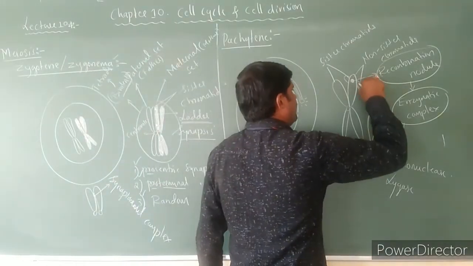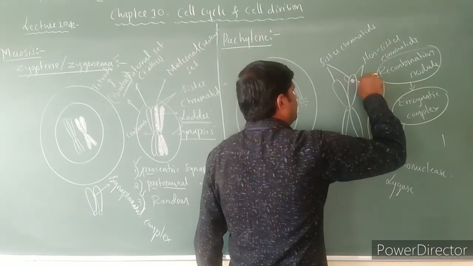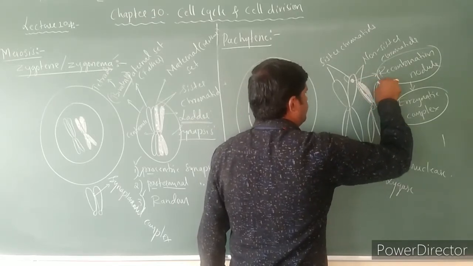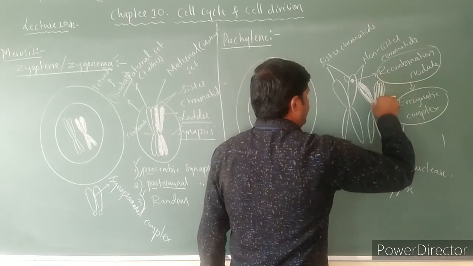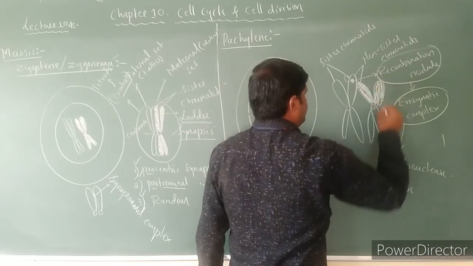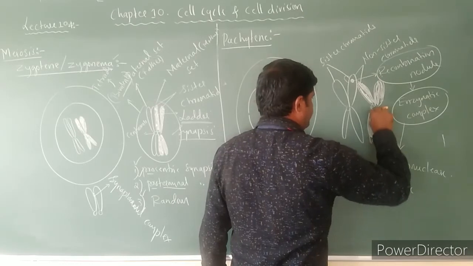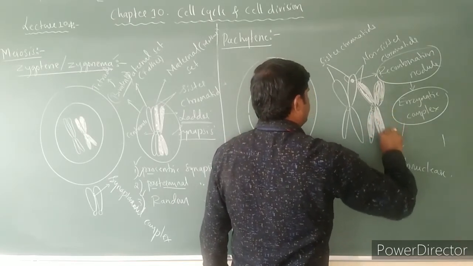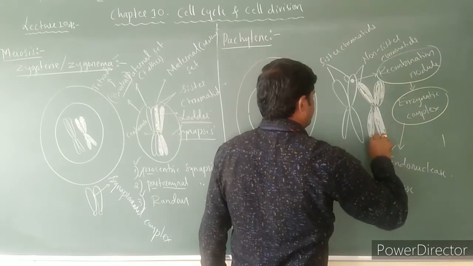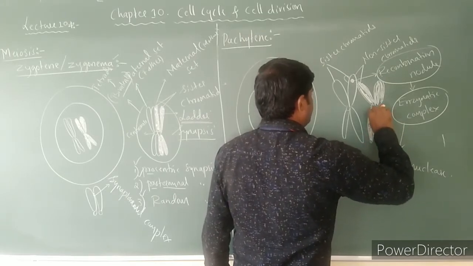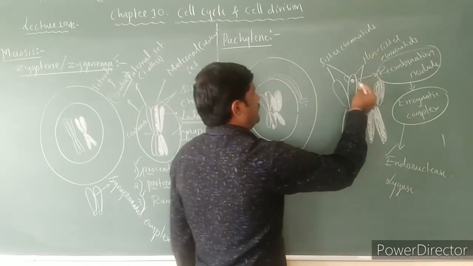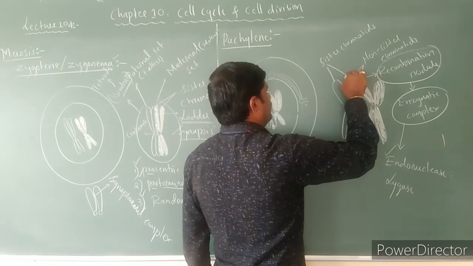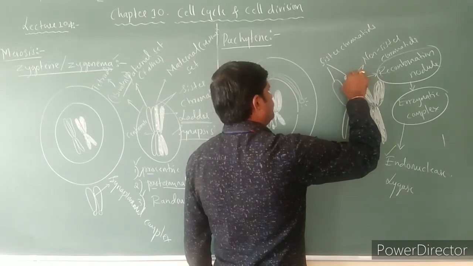See here, consider this one a shaded one. This is the shaded chromosome. For your understanding, I am going to show this. Like this, at this point you will find this.